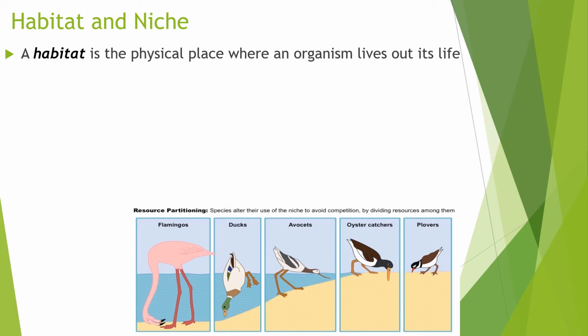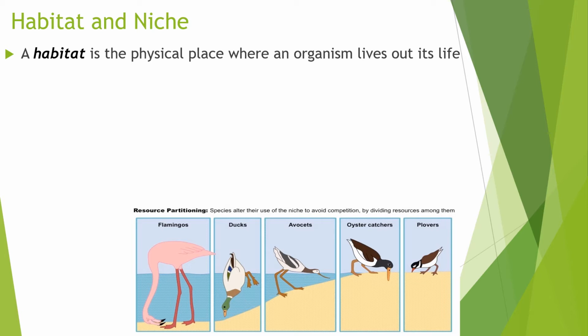So it's got food, it's got water, it's got shelter. Your habitat right now might be your parents' house. So your parents' house has places where you get your food. It's got a roof over your head. It's got materials to stay warm. It's got a little corner or a toilet for you to go to the bathroom. That could be a habitat.